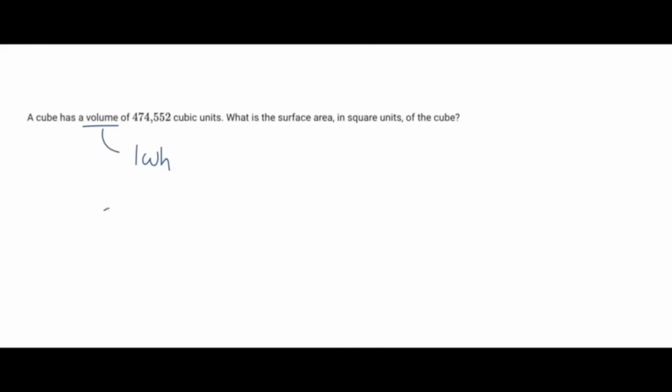And therefore, in order to find the actual values of either the length, width, or height, what we can do is just take the cube root of the volume, which is going to be 474,552. And that will give us a value of 78, all right? So 78 is just the side length of each of the sides. And now we want to calculate the surface area. So for the surface area, we can just find the area of each side and then multiply by the number of sides.